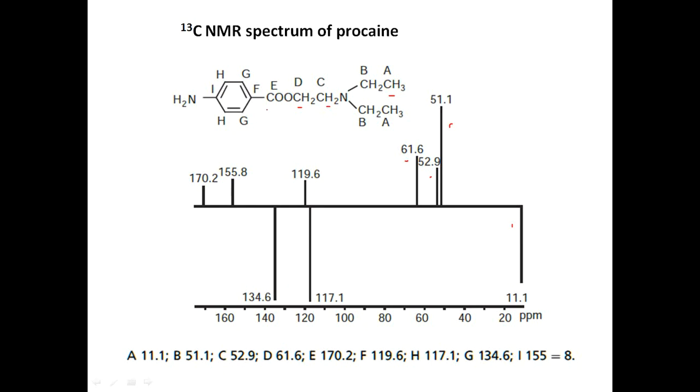The E carbon, that is attached to oxygen as well as to the aromatic ring system, shows around 170, that is around here. Then F is around 119, that is the aromatic region, right? H, 2 H's, so that is 117. This is G, 134. Then I, that is this particular carbon, shows around 155 because it is attached to nitrogen and the aromatic system.